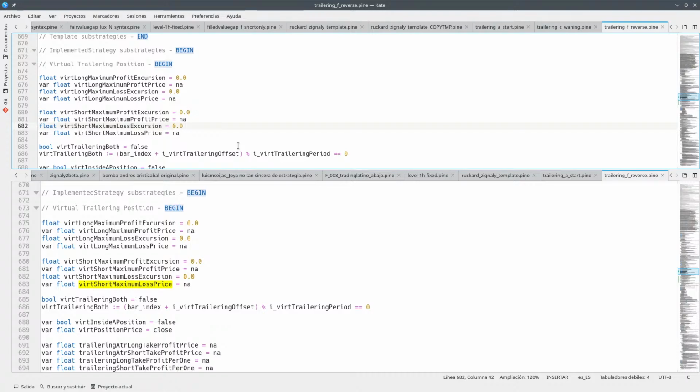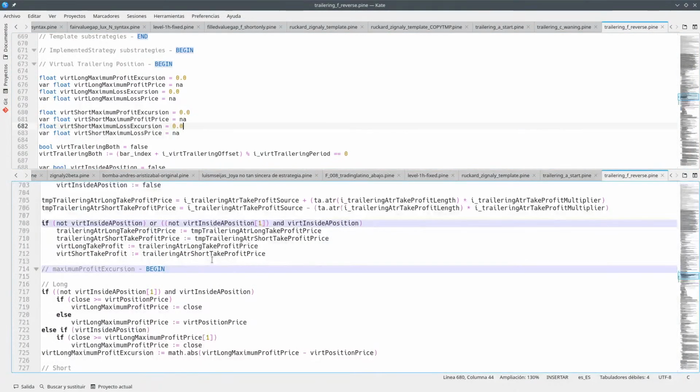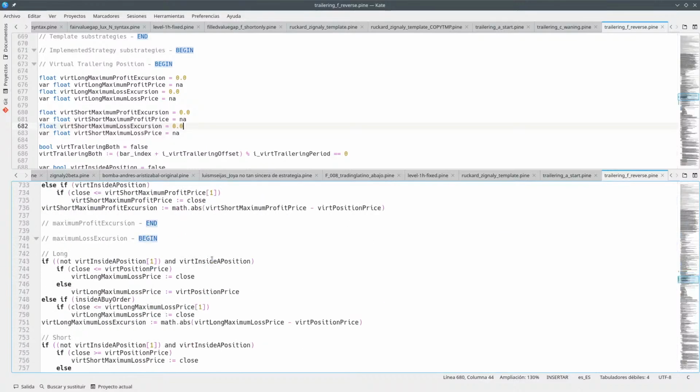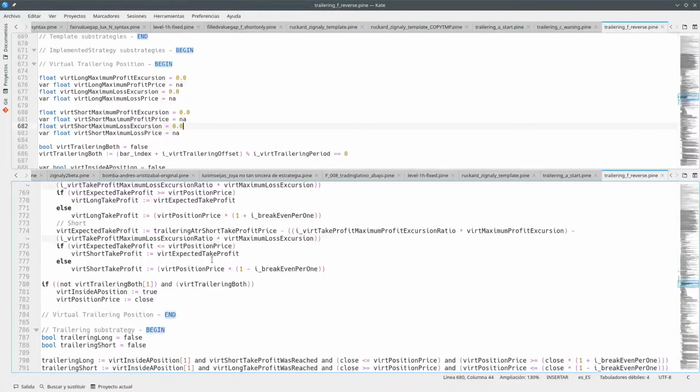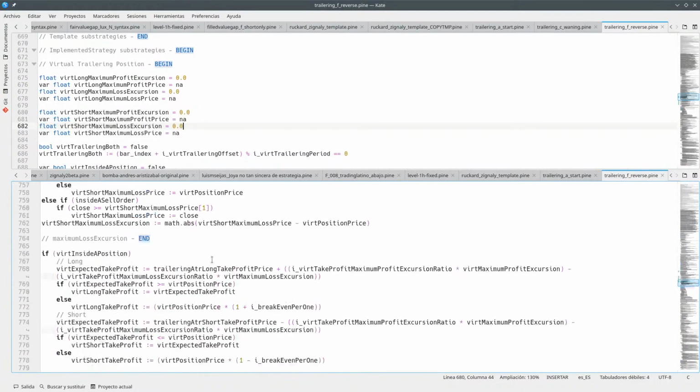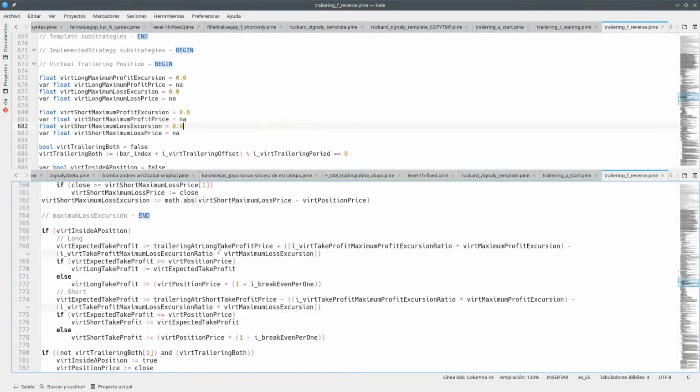So what we want to do right now is to modify the code which is lower, that uses this, which is here, I guess. We have this maximum profit excursion, which is here. Oh my god. And we also have the, okay, so this is long profit excursion, so it's this one here.